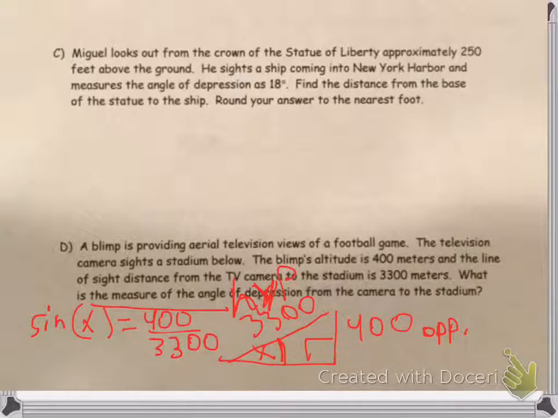Now if I go to my calculator, I don't know if this one does it or not. You make sure you press second sine on your calculator and plug in 400 over 3,300, and you should get an answer out of that.